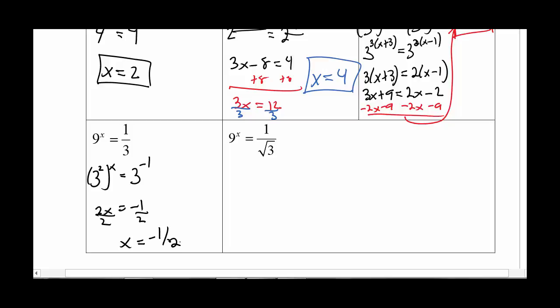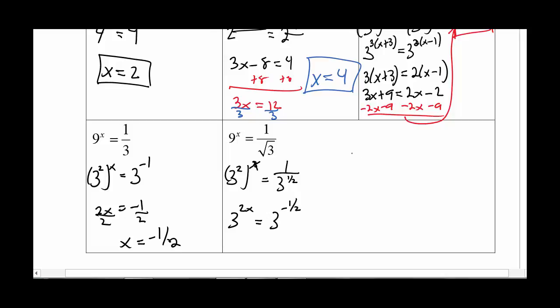And we can even extend that trick a little bit further, because dealing with square roots, let's see, that 9 is still 3 squared. And that's really 3 to the 1/2 power. So if I continue with my exponent rules, that'd be 2 times x is 3 to the negative 1/2.